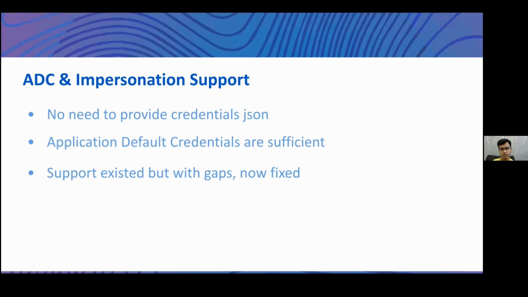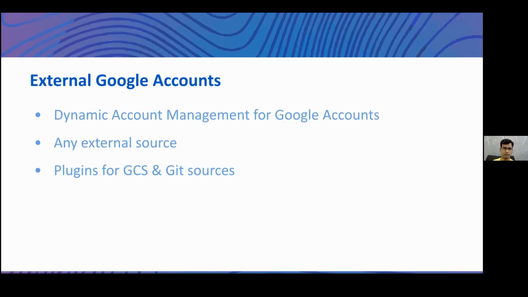Now you can use Halyard for supplying these impersonated service accounts and projects, and external Google accounts. This is basically dynamic account management for Google accounts. You can supply Google accounts externally. As of now, there is no other way but to add the accounts through the Hal config. All the accounts will be part of the Hal config.